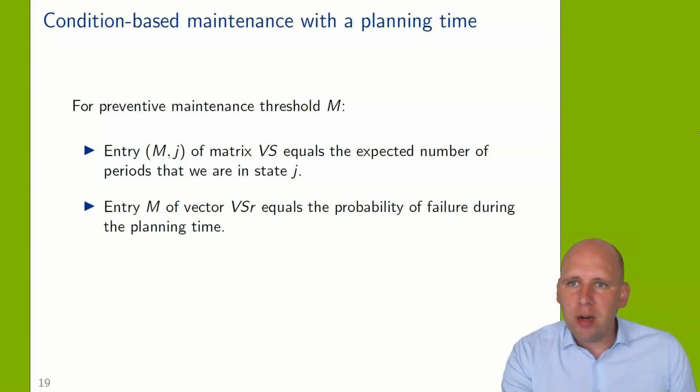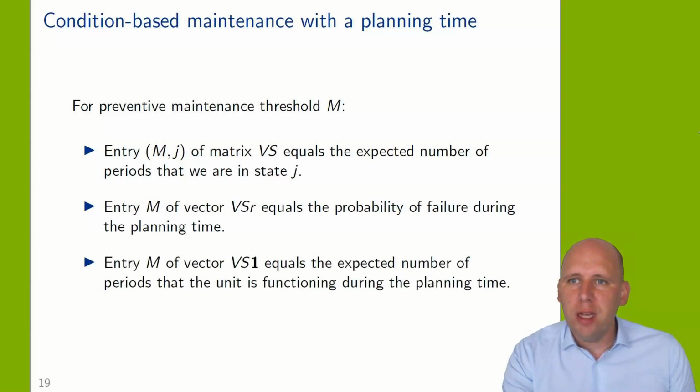Each time that we are in a state, there is a certain probability of failure. So if we multiply V times S by R, we get the probability of failure during the planning time for each capital M, for each preventive maintenance threshold. And if we multiply VS by the 1 factor, then we get the expected time that the unit is functioning during the planning time. And based on this, we can now provide expressions for the cost rate.